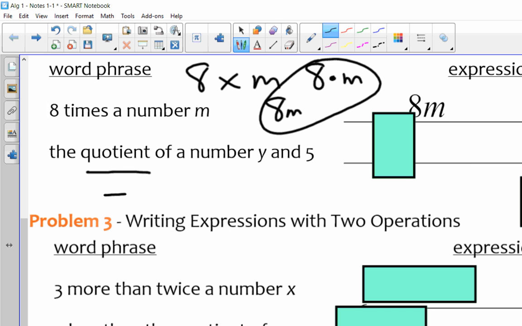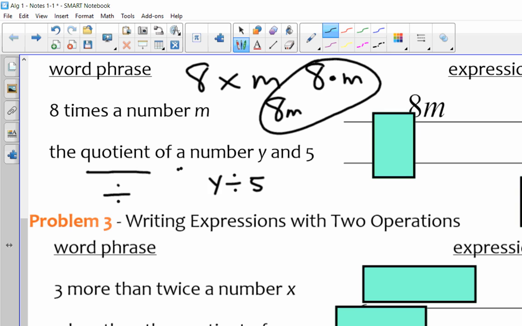So quotient is really an answer to a division problem. The quotient of a number y and 5, I could just write y divided by 5. But mathematicians kind of got lazy, and also when you do other kinds of math, a fraction is also a division problem, and I could turn that fraction into a decimal number by division.